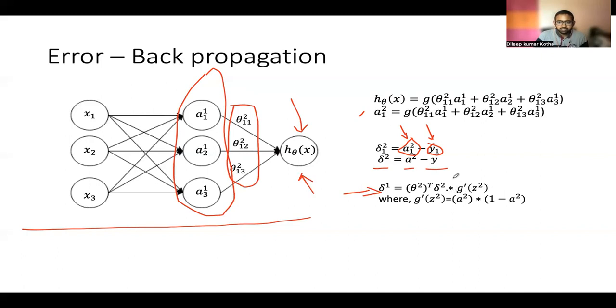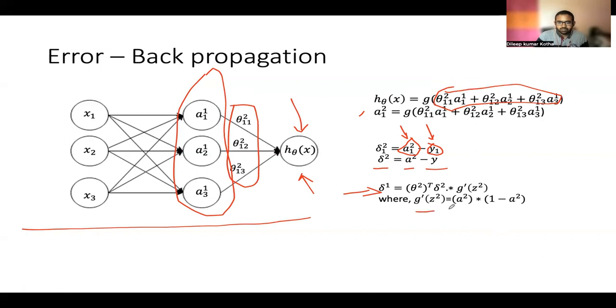multiplied by g prime of z2. So this z2 is nothing but this value. g prime is nothing but the derivative of the sigmoid function. The derivative of the sigmoid function is it multiplied by 1 minus itself.